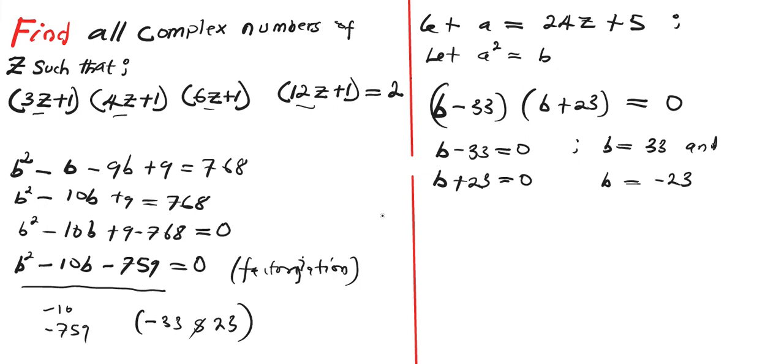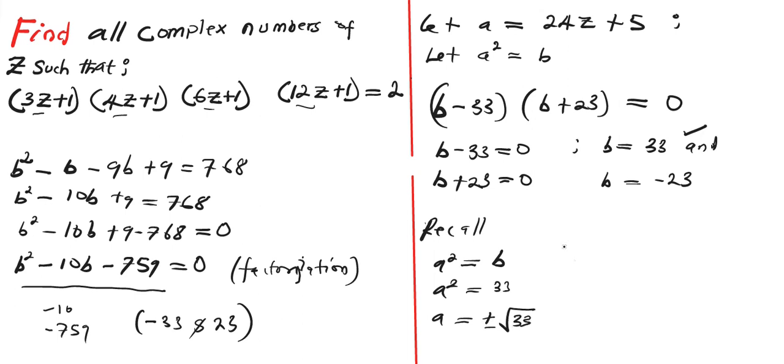But recall that a² is equal to b. This was one of the conditions that we used. If we consider 33 first, that means a² = 33 and a = ±√33.